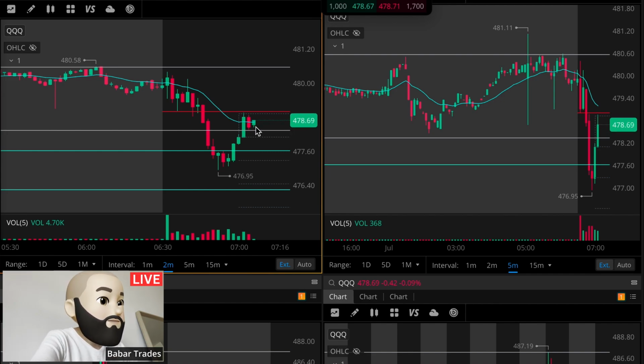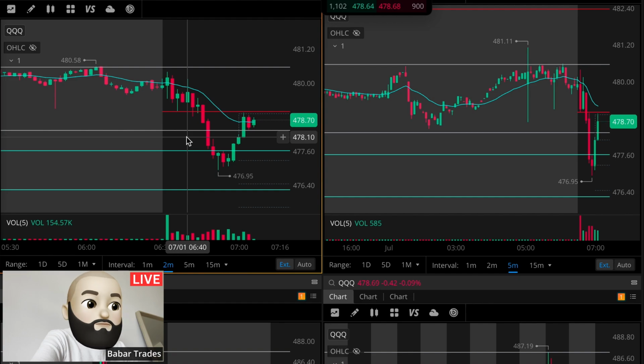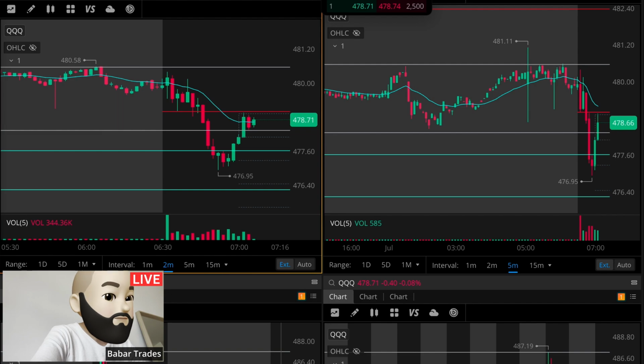What concerns me right now in the 2-minute is that it made its way above the 20 moving average. So it's a sign of strength, but the 5-minute's still weak. The 15-minute also has a large bottoming tail, but there are sellers there and buyers have just creeped up a little bit.